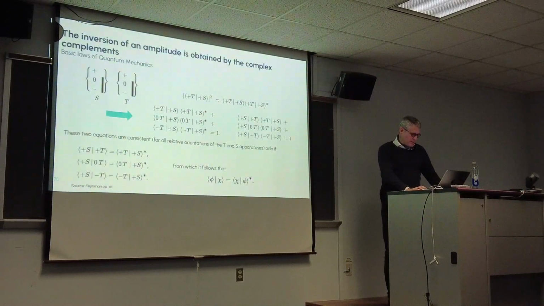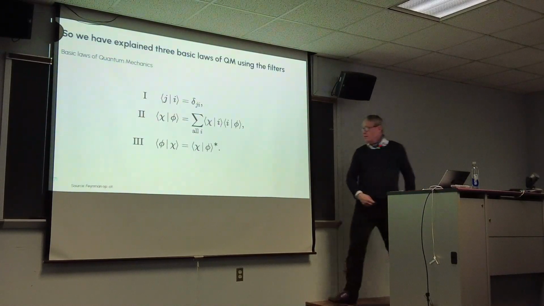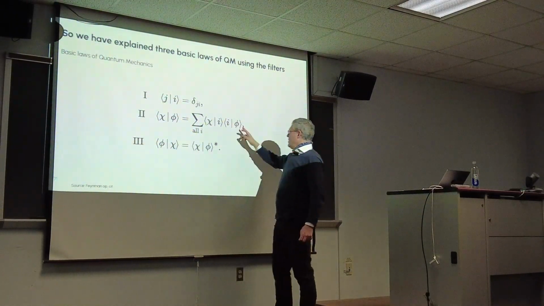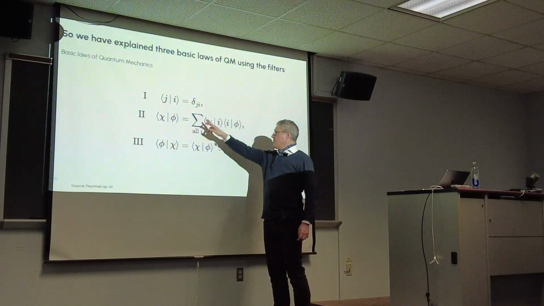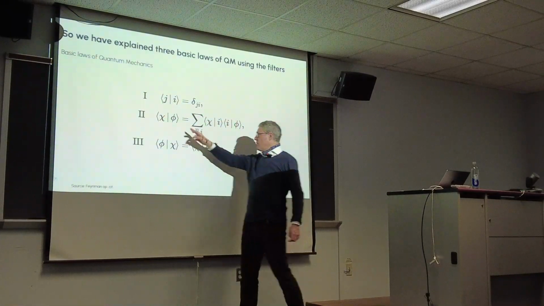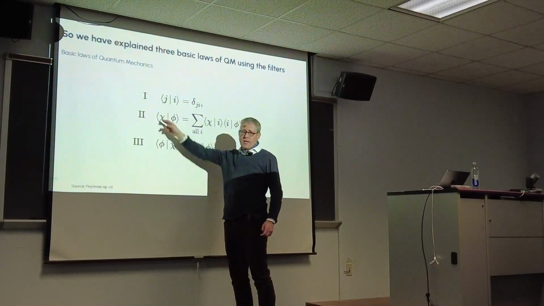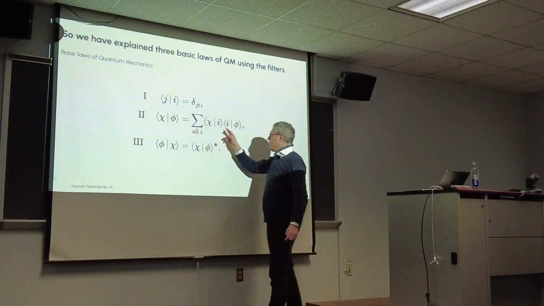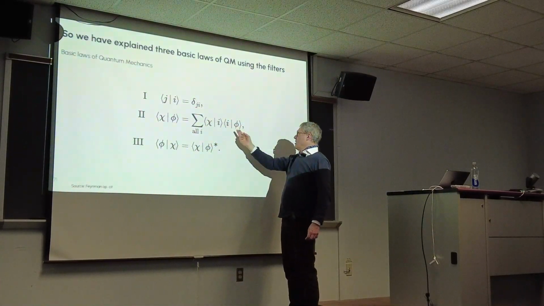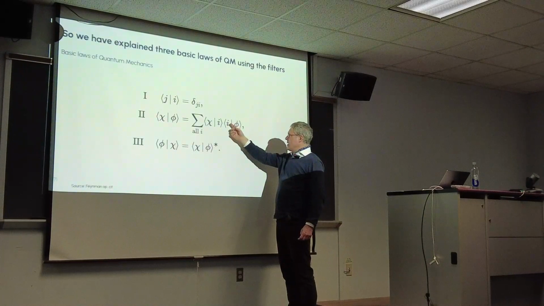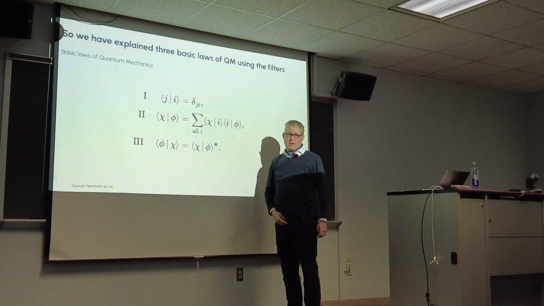I can represent the probability of going from, for example, spin up to spin down for a particle, or from one location to the other, or from one amount of momentum to another, by the sum of the product of the amplitude of this state going to one base state, and then from the base state to the other state.